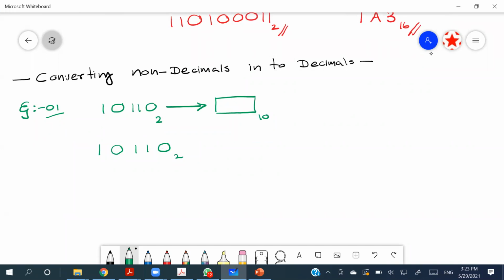Now, do you remember the thing I told you about the abacus? Ones, tens, and hundreds in an abacus can be represented in 10 to the powers: 10 to the power 0, 10 to the power 1, 10 to the power 2.